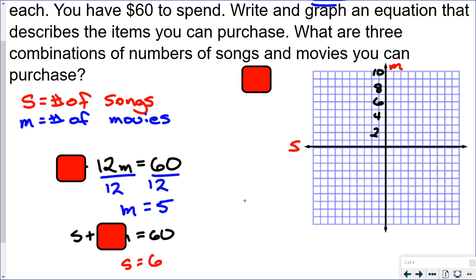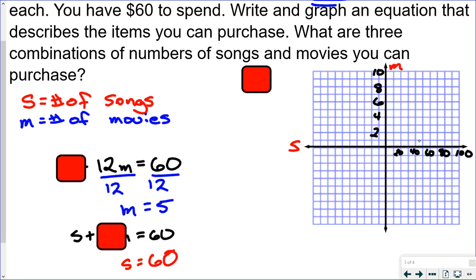For this axis, it was supposed to be 60, sorry, let's count by tens. So you don't have to count by the same increments on both axes. This one's by 1, this one I'm going to go by 2. So I'm going to have 20, 40, 60, 80, 100.